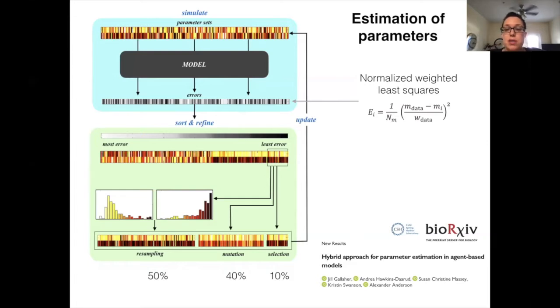And so this is basically defined as a normalized weighted least squares. Since we're comparing things like tumor size over time, a ratio of cell types, and speed and proliferation, there are all these different types of measurements, and so each one is weighted to the amount of margin that we'd like. Then we sort these so that you have the least error, shown there on the right.